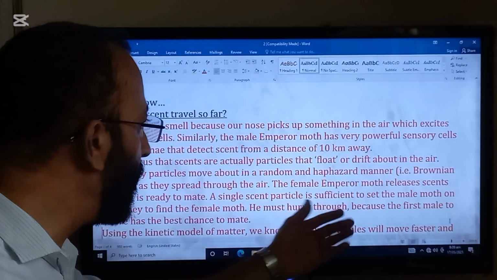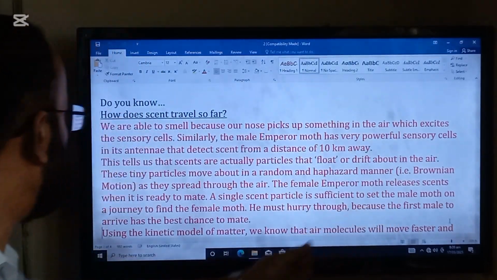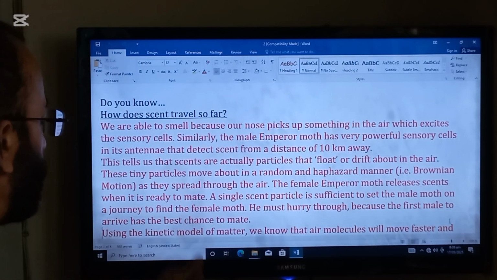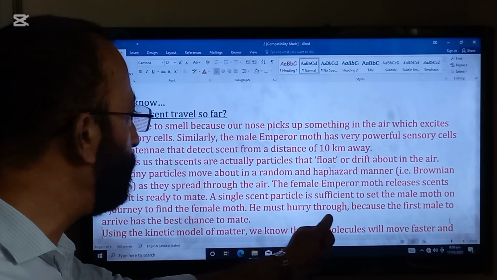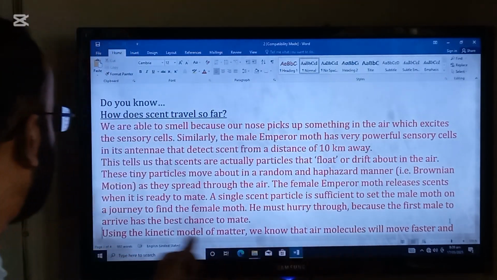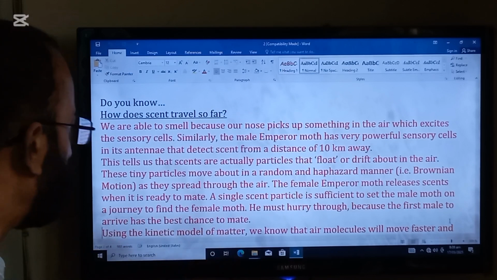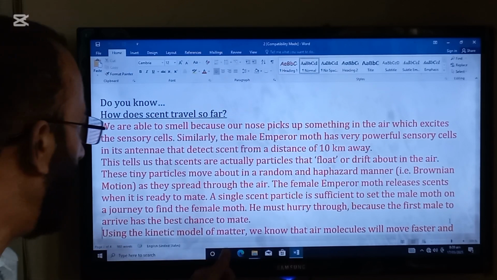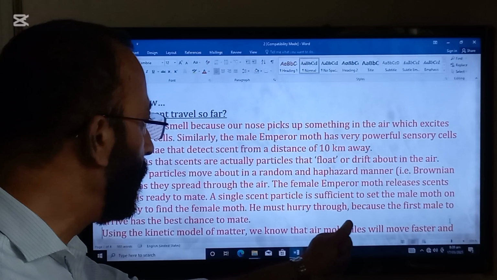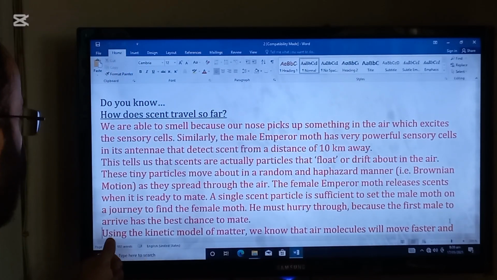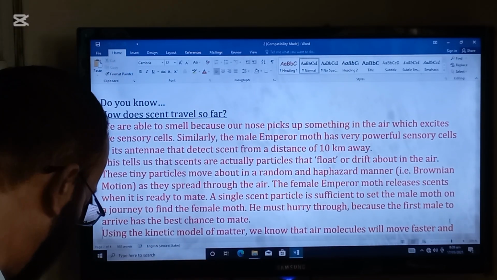The female emperor moth releases scents when it is ready to mate. A single scent particle is sufficient to set the male moth on a journey to find the female moth. He must hurry because the first male to arrive has the best chance to mate.